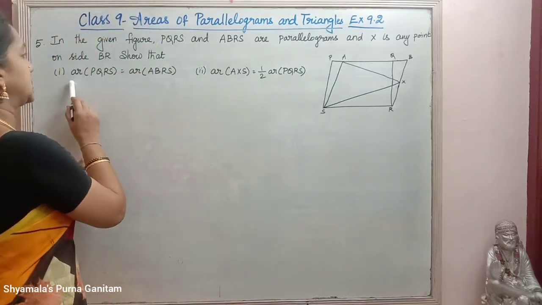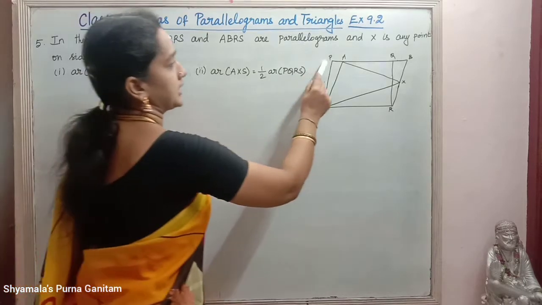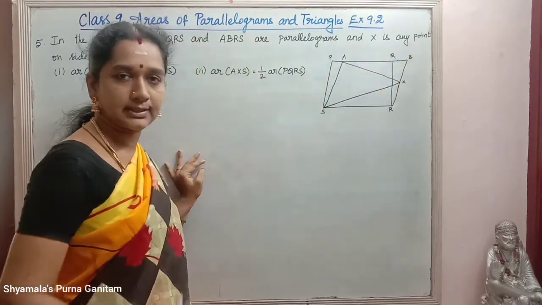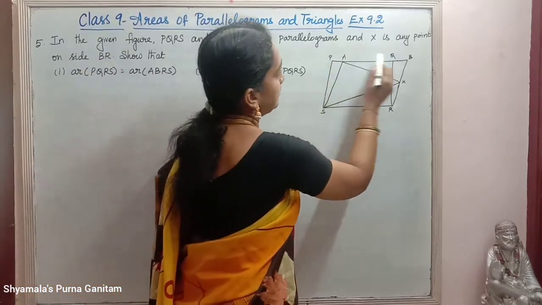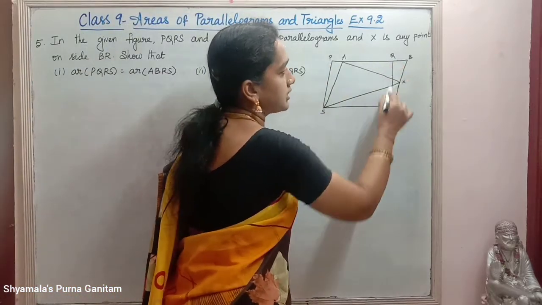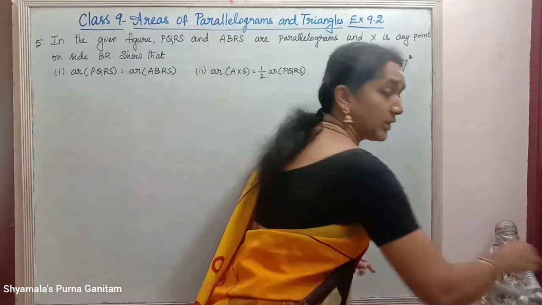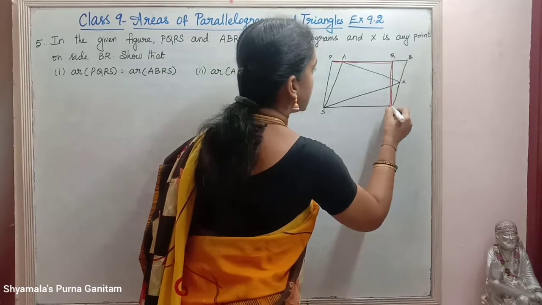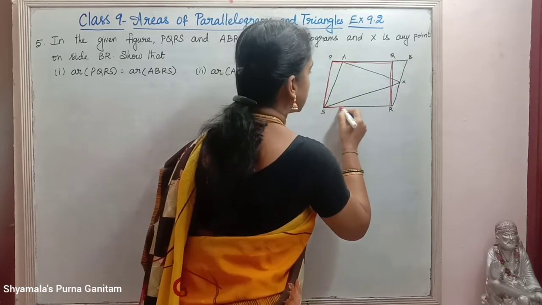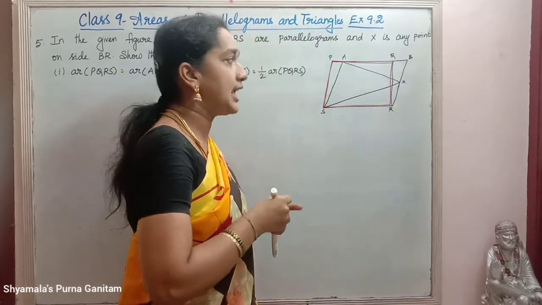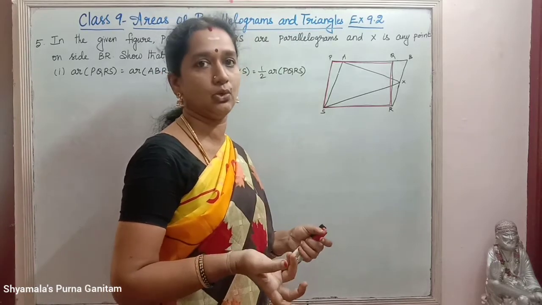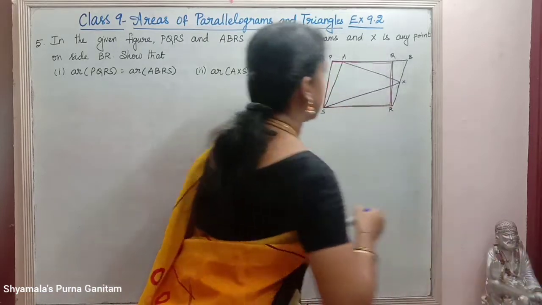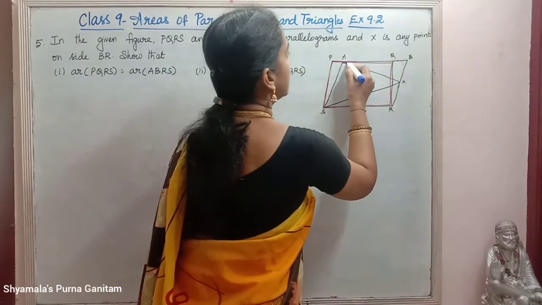Okay. So first one, area of PQRS is equal to ABRS. It is very clear that PQRS is a parallelogram, and ABRS is another parallelogram with the same base.